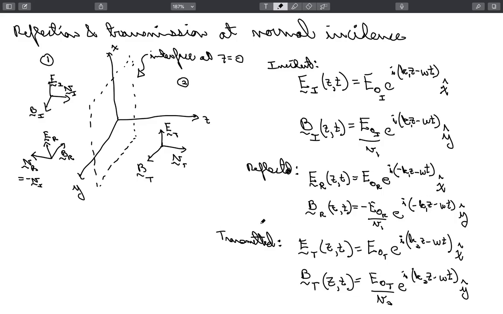The transmitted wave has an identical form to the incident wave, except for the replacement of the wave vector by that in the second medium.